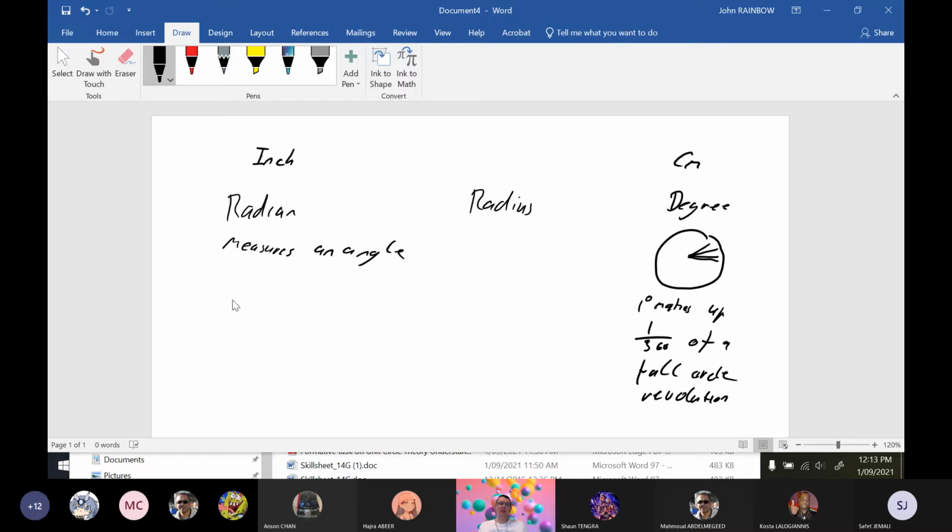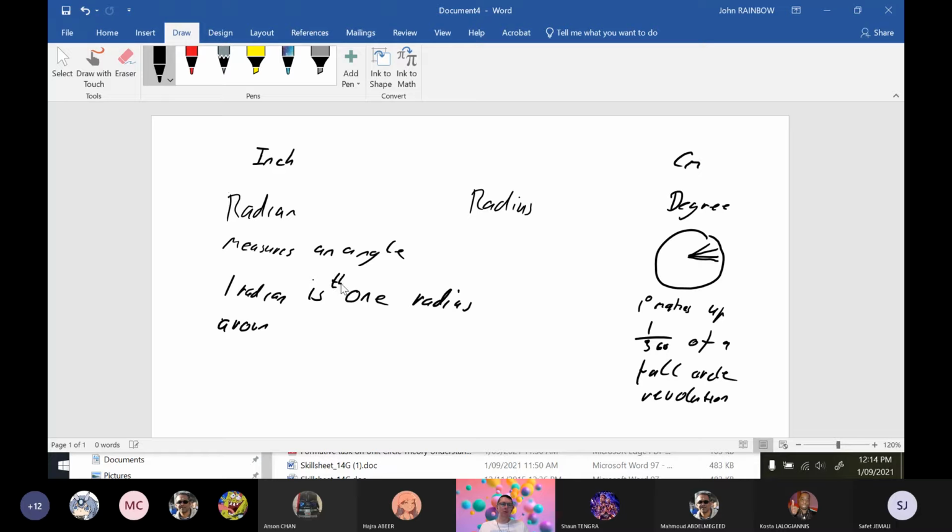So what a radian is, 1 radian is 1 radius around the circle.